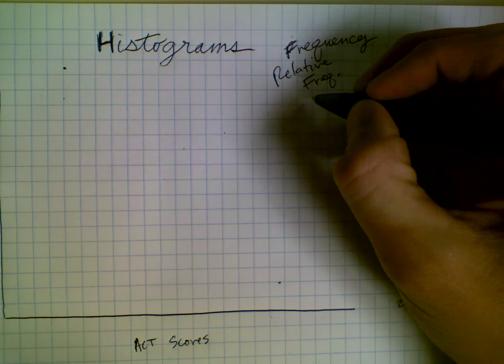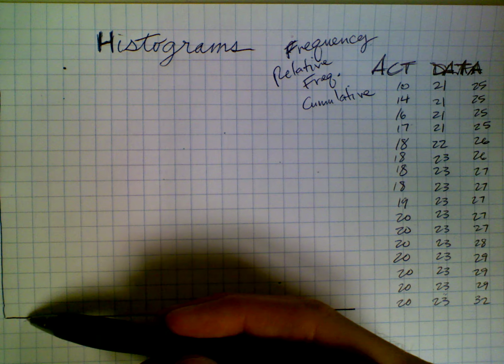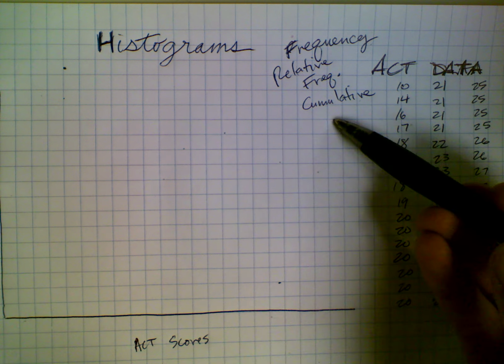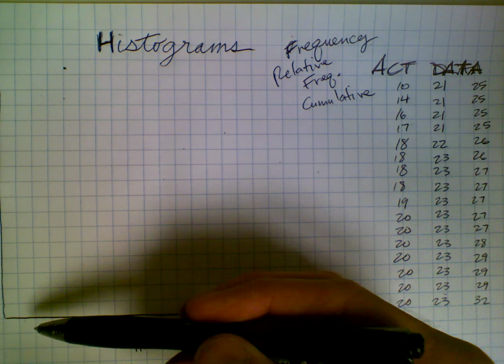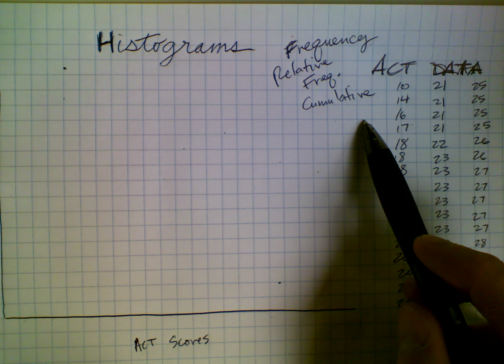Then you can have cumulative histograms. That's going to be counting up how many out of the total there are. So we would still scale this the same way we would a normal graph, but it's counting out of the total. By the time you came all the way to the right, because there are 48 data points, you would have a top bar of 48.